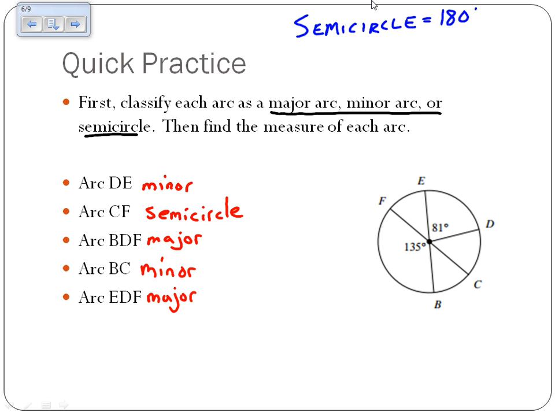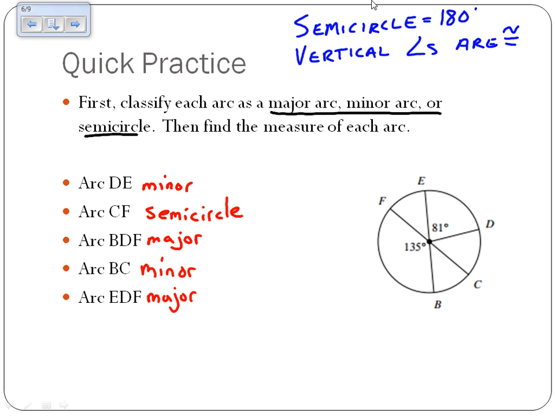Also remember to look for vertical angles. Vertical angles are congruent. What that means is vertical angles are wherever you see that X, and they're opposite one another.